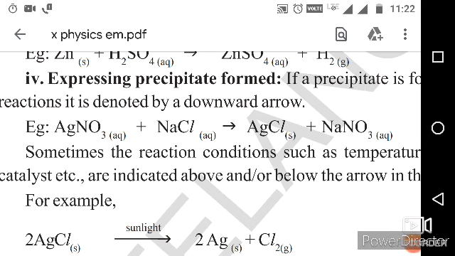If AgNO3, silver nitrate solution, reacts with NaCl solution, sodium chloride common salt solution, it will give AgCl, which is a precipitate, PPT, and along with it sodium nitrate will be formed.